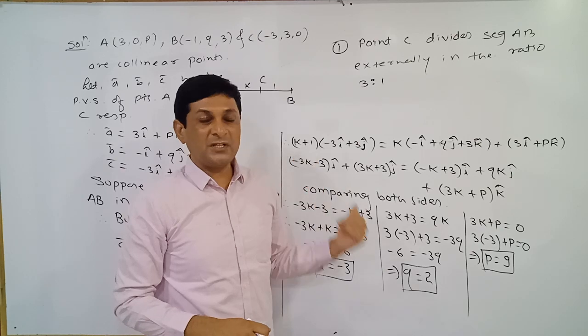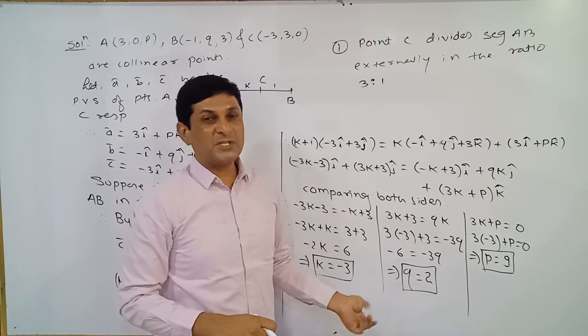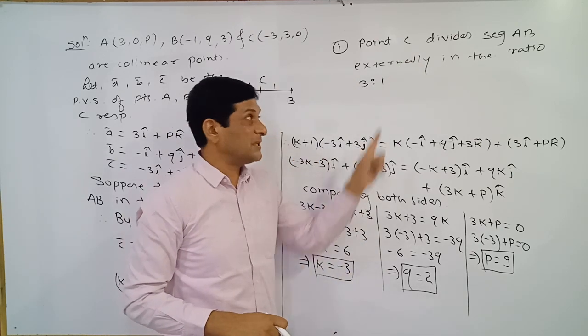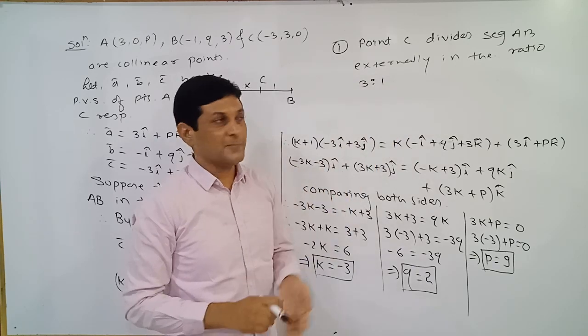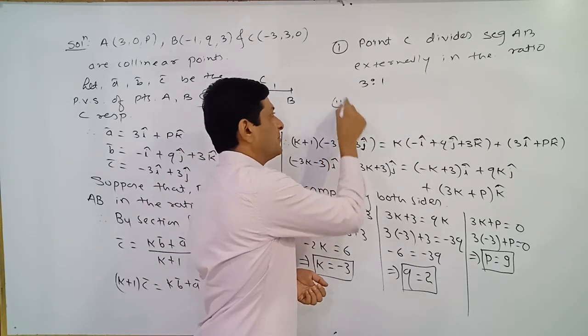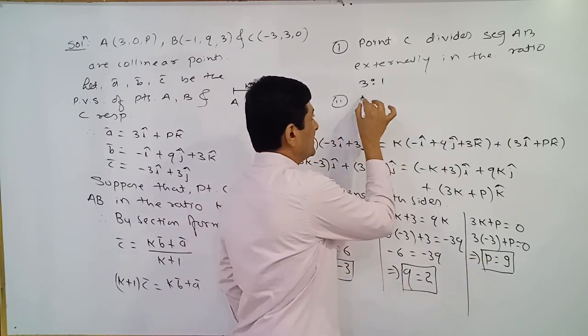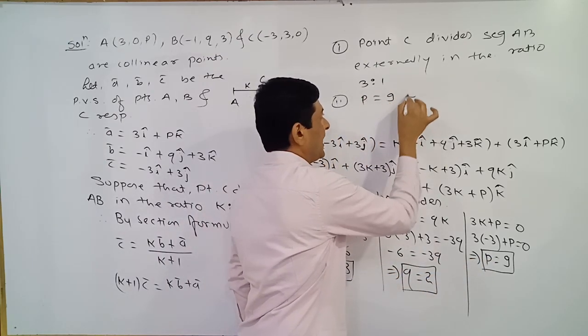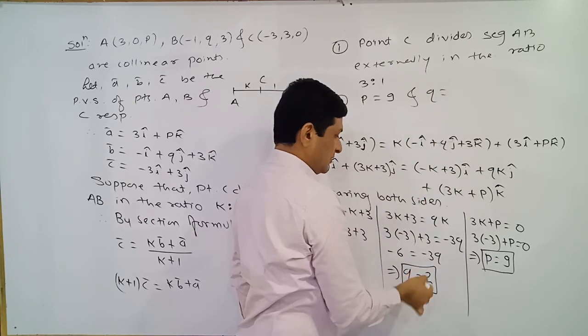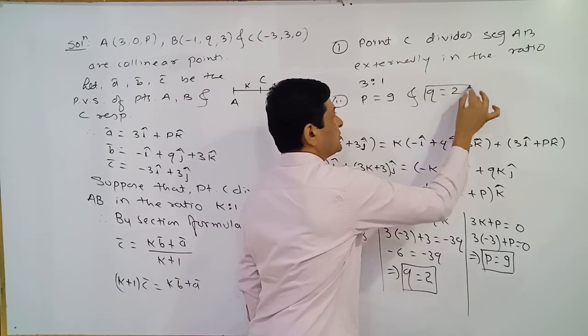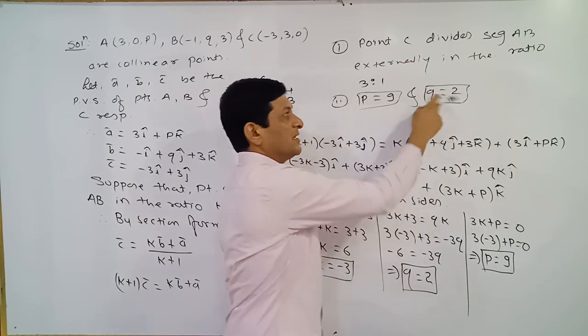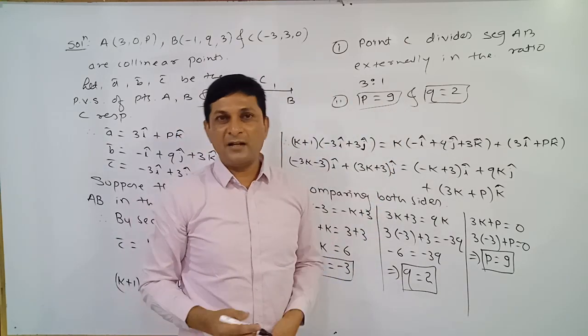Applying internal division, in case the ratio is negative, this minus sign simply says that the division is external. And the second part of the example is to find out p and q. Already the values of p and q are also known to us. p is equal to 9 and q is equals to 2. In this way we have got the values of p also, q also, and the required ratio also.